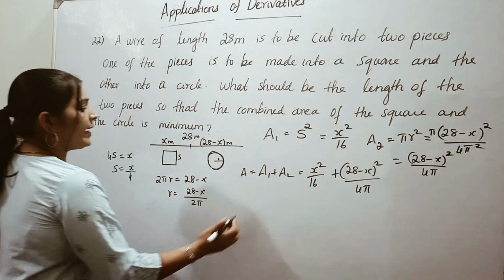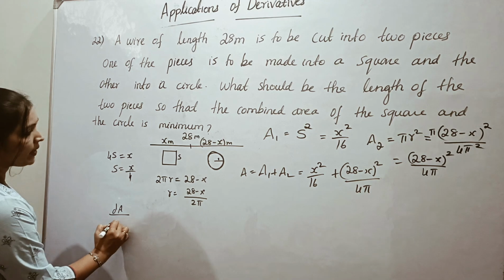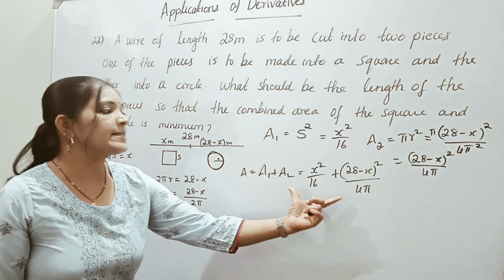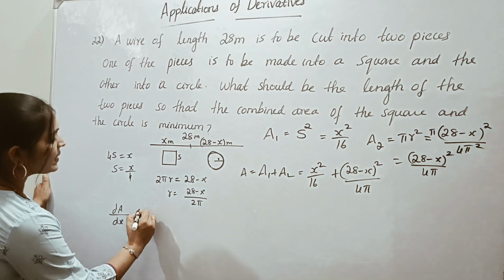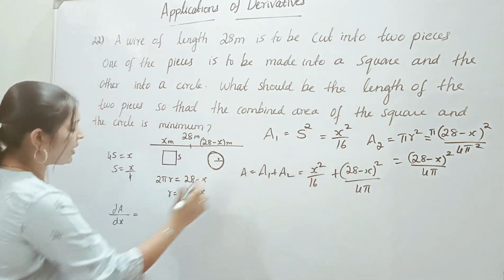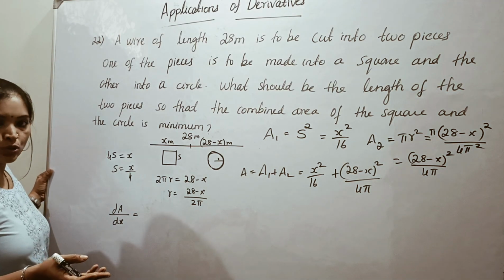Then let's find dA by dx. Let's differentiate it with respect to x. So here x square, that is 1 by 16 into the derivative of x square. The derivative of x square is 2x.